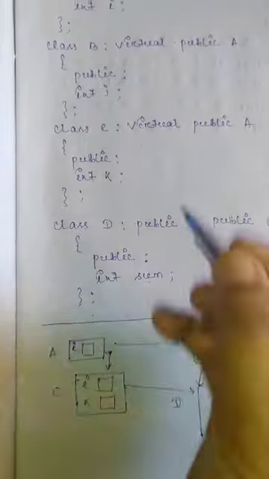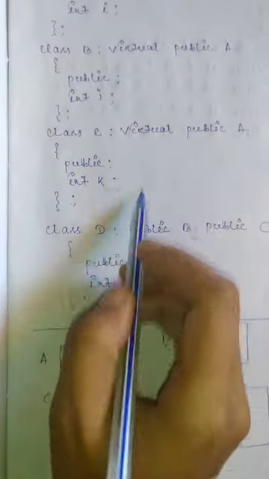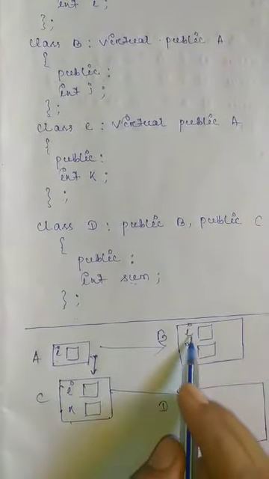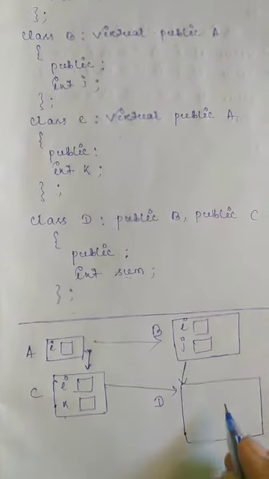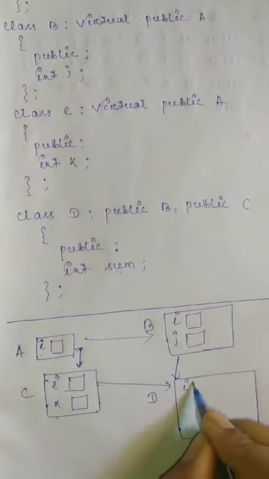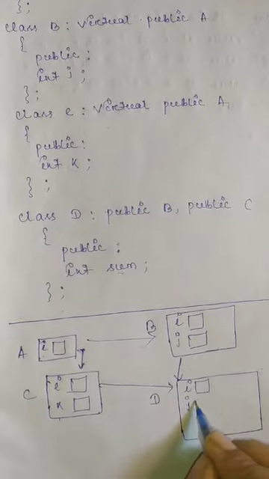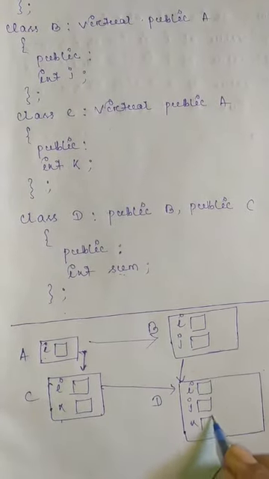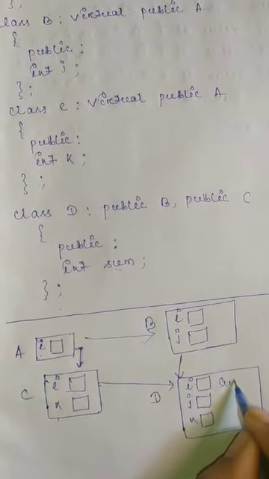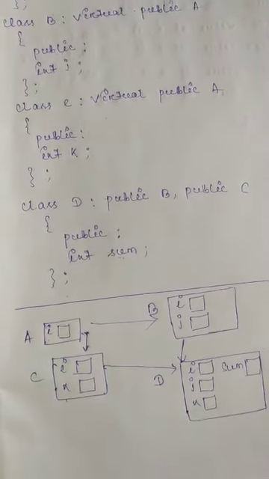But here I am using the virtual concept, so it will contain only 1 copy of I. So it will contain I, J, K and its variable sum.